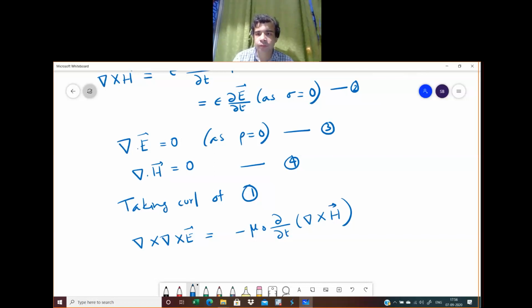Is it okay? Curl of E was minus mu naught del H del t. So if we take curl of both sides, we get curl of curl of E is minus mu naught del del t of curl of H. Right? Can we write that? Is this okay?